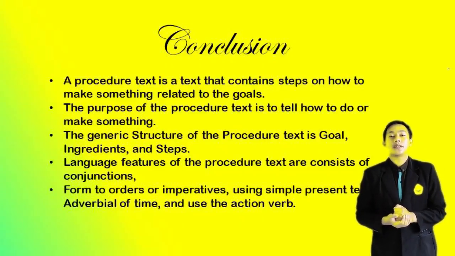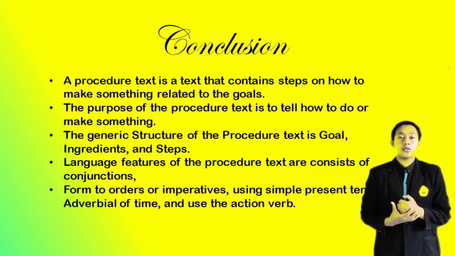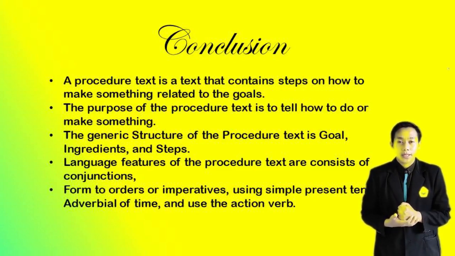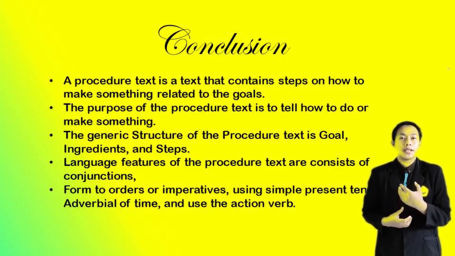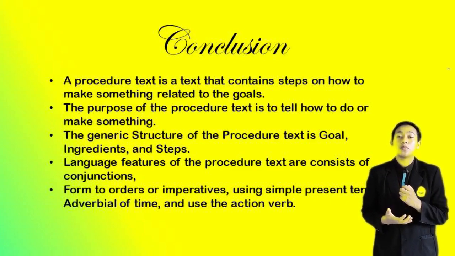Okay, students, I think this is the last point of our lesson today: the conclusions about procedure text. The first is procedure text is the text that contains steps on how to make or do something related to these goals. The second is the purpose of procedure text, which is to tell how to do or make something.